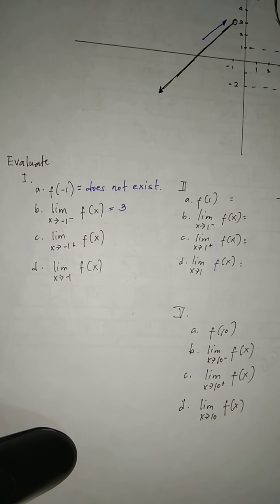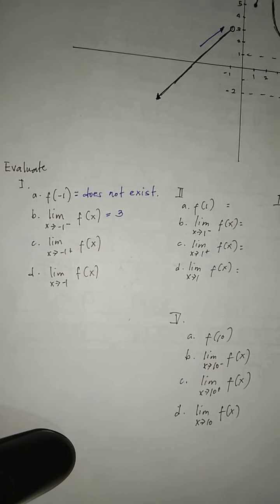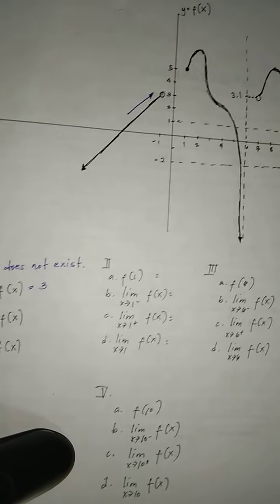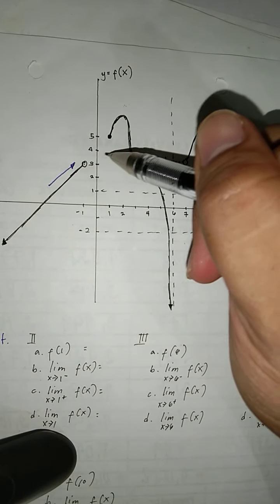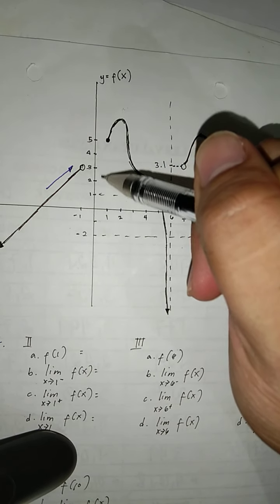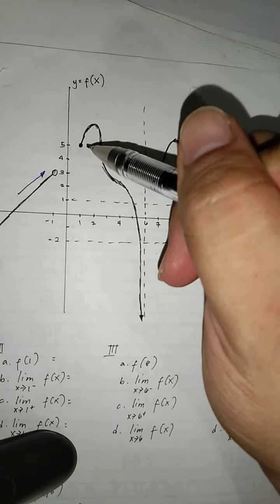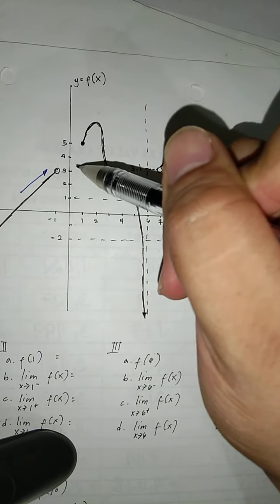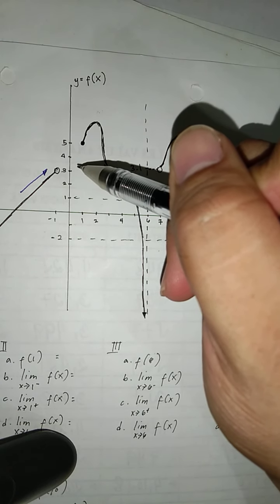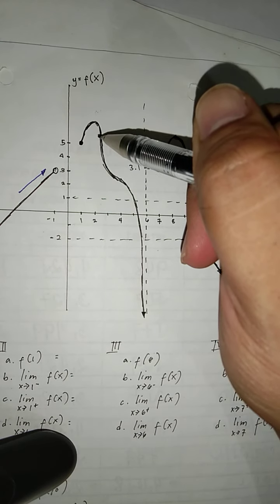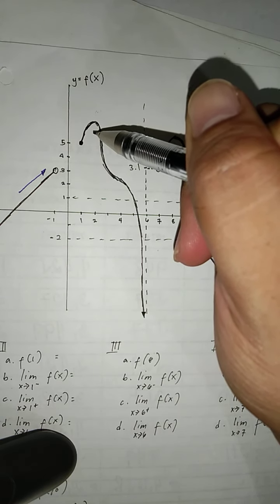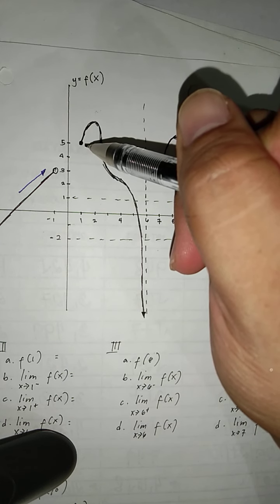Now, let's check letter C. How about its approach from the right? From the right, you have a gap. In the graph, it indicates that the graph doesn't approach -1 at all from the right, because the graph stops at 0.15.